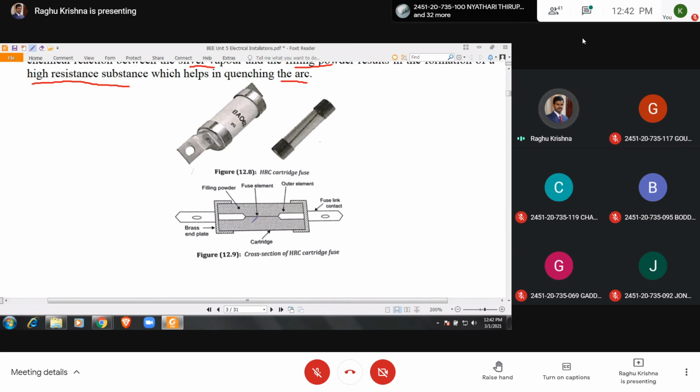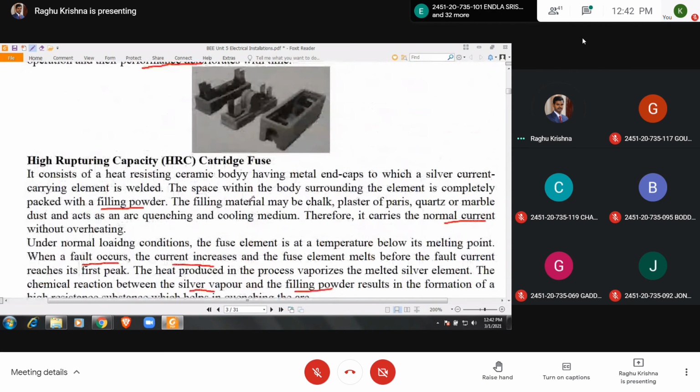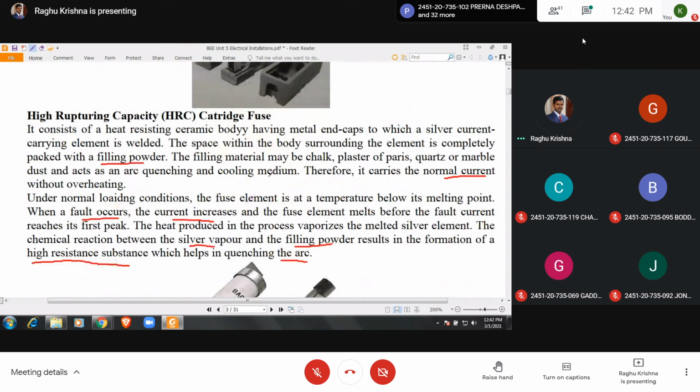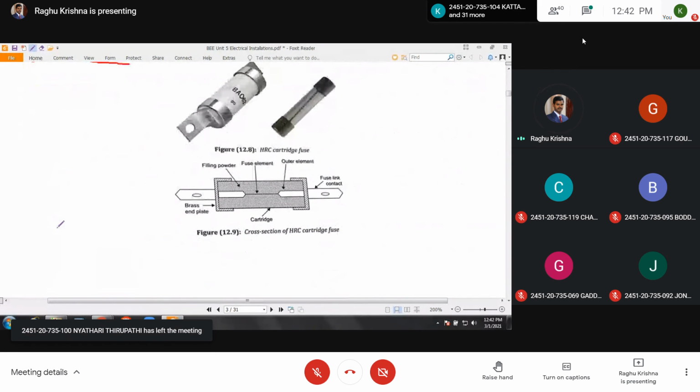Okay, you can see here, fuse element, filling powder. It is made up of chalk, plaster of Paris, quartz, or marble dust. Okay, these are the filling materials or filling powder.